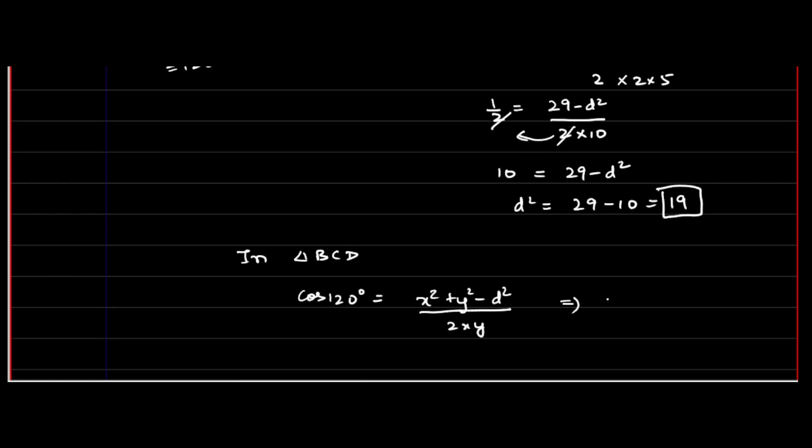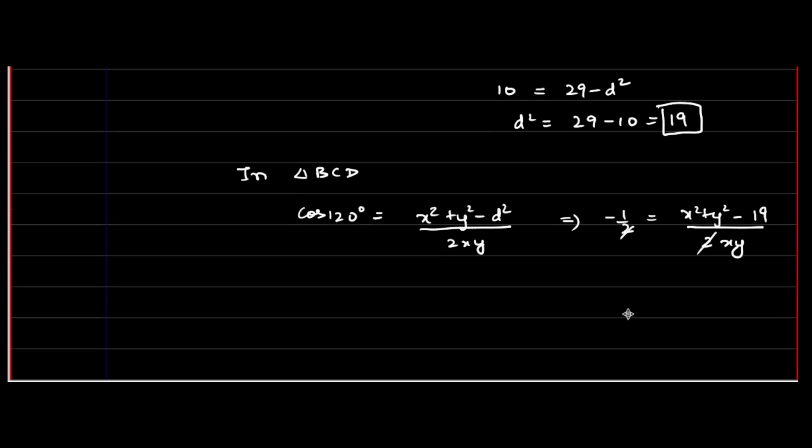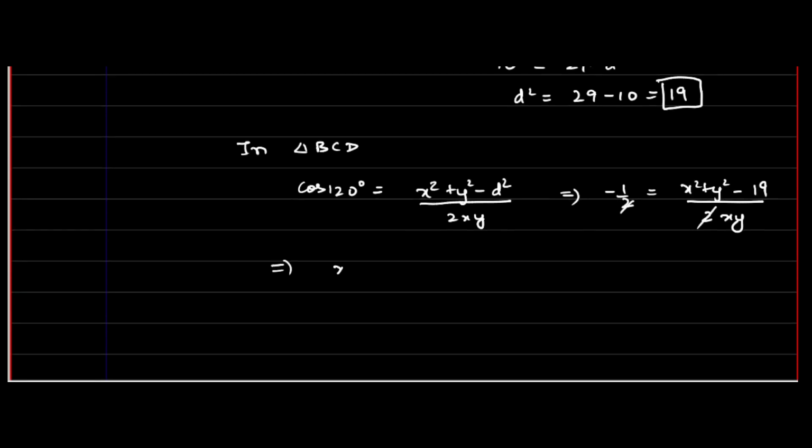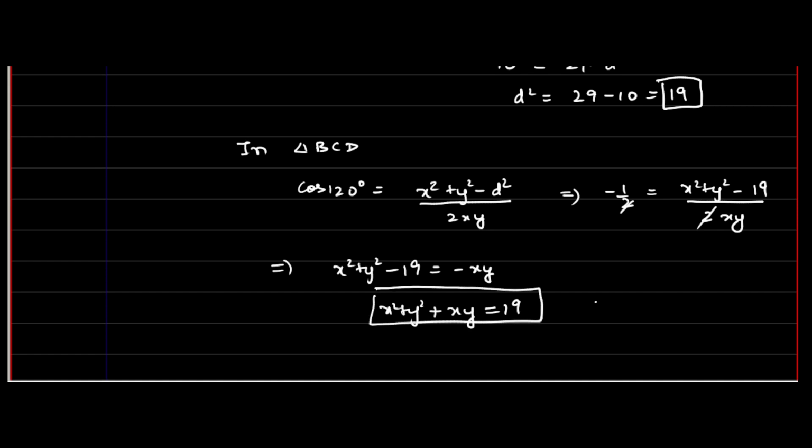Cos 120 is minus half, equal to x square plus y square minus d square, which is 19, we have just derived it, upon 2xy. The 2 gets cancelled out. So this becomes x square plus y square minus 19 equal to minus xy. x square plus y square plus xy equal to 19. So we have got a relation in x and y.